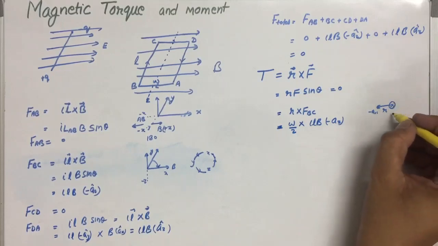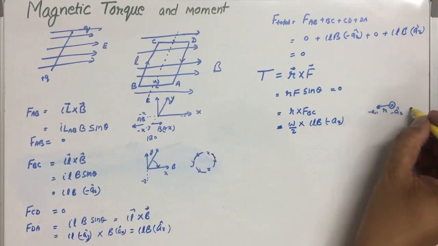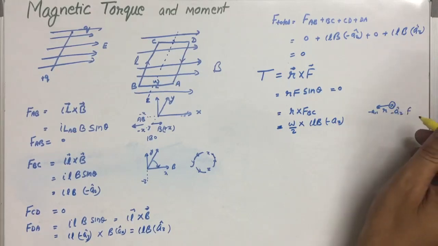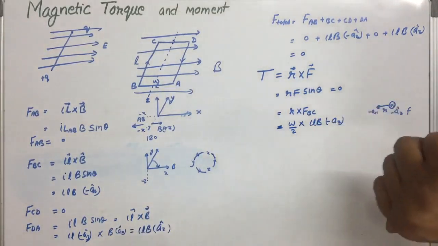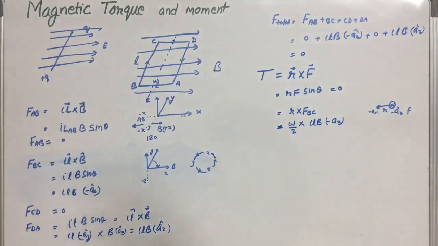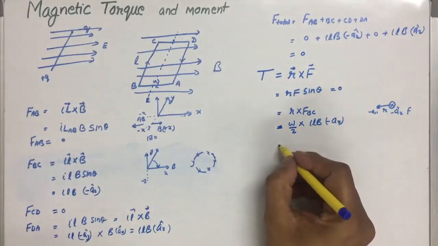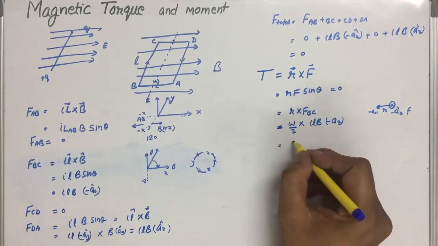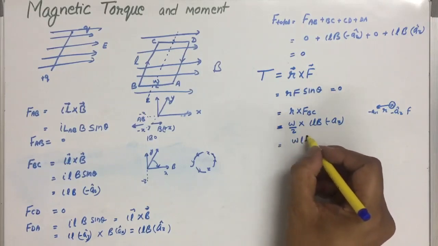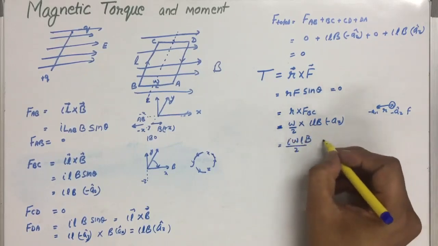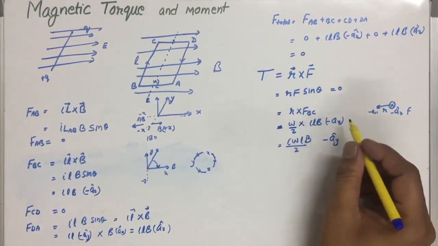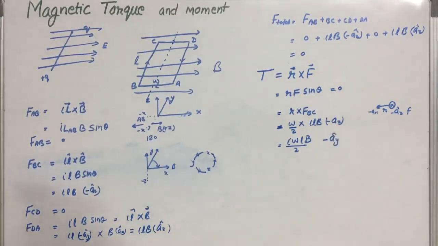So the cross product of this and this will be minus AY. From here we will find it is WLBI divided by 2 in the direction of minus AY. Okay, this is the torque acting on this.